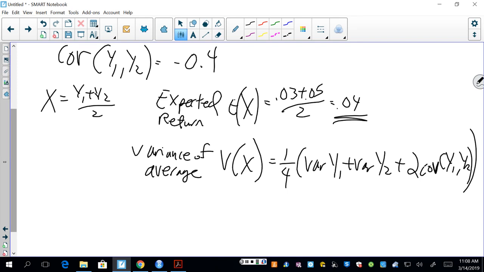But that covariance is negative because the correlation is negative, right? So you're putting these two things together that are negatively related, and so as one goes up, the other one goes down. So it dampens the variability.